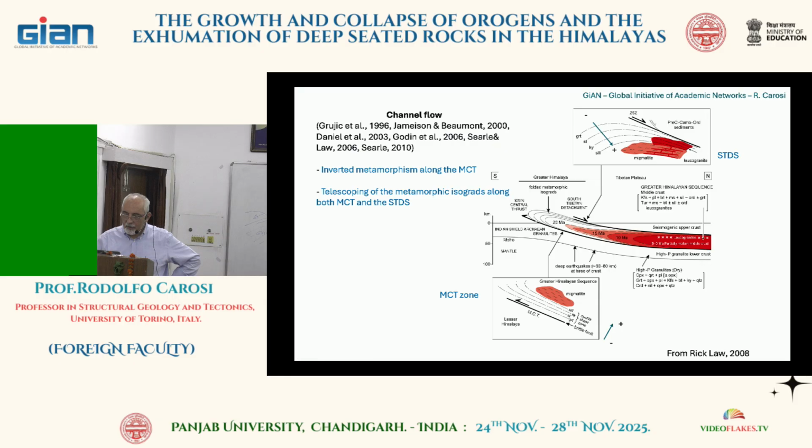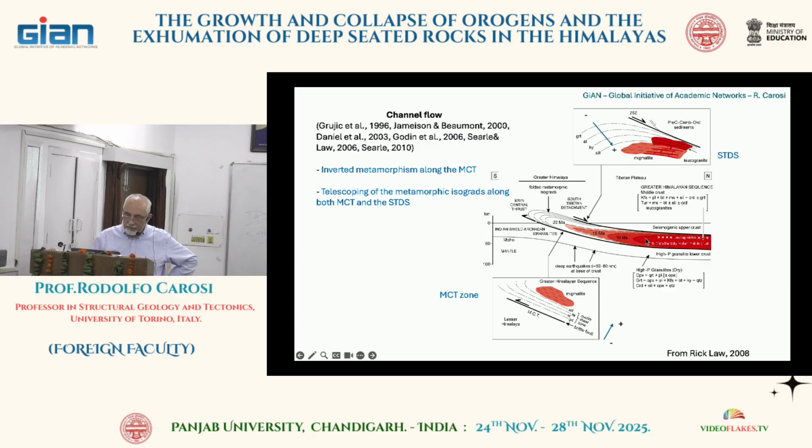And what we observe now at the frontal part of the belt, there are rocks that were molten 20 million years ago. Now the molten rocks are below Tibet, and it was due mainly to the seismic profile made by Nelson 1998 from India to China.